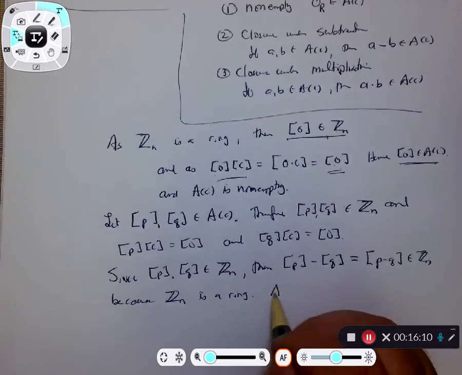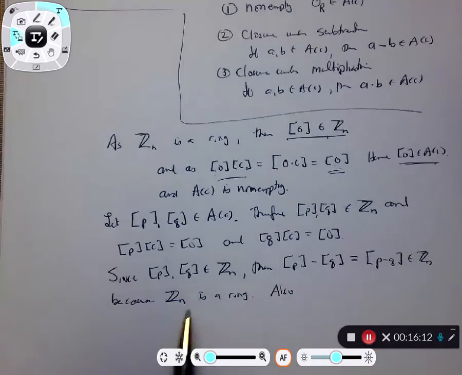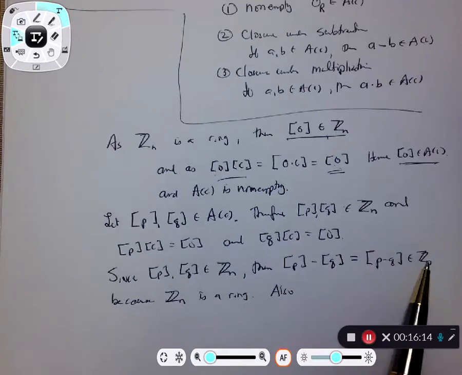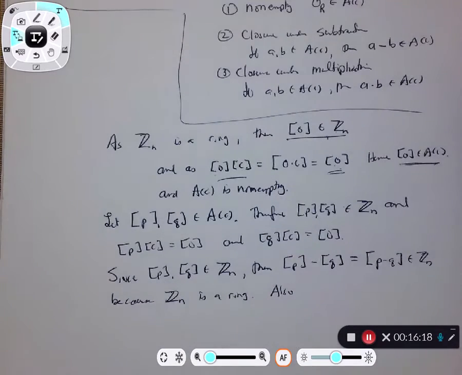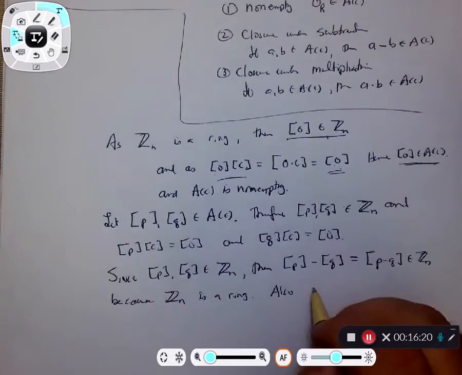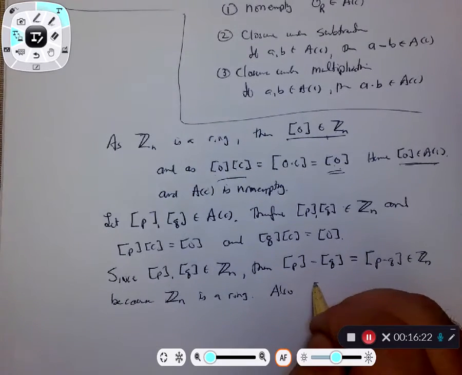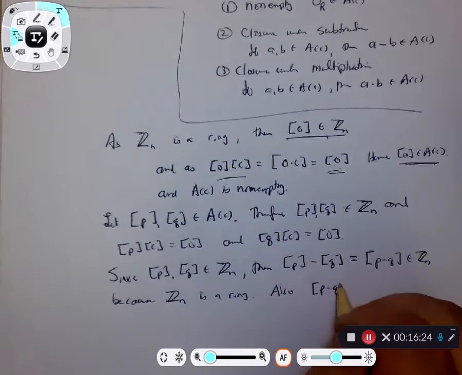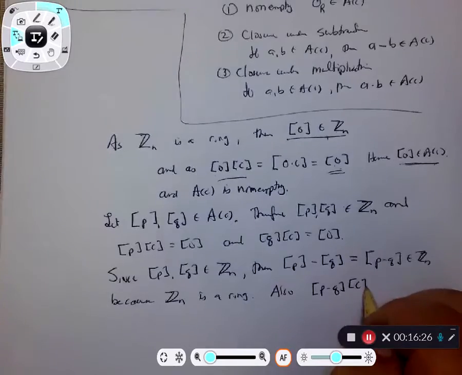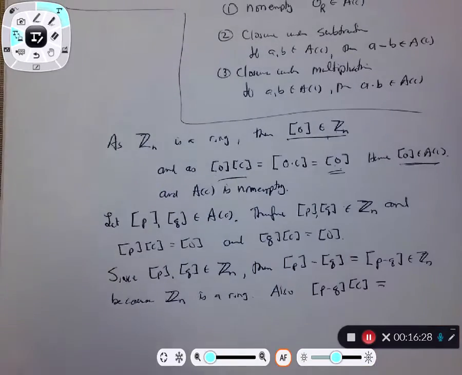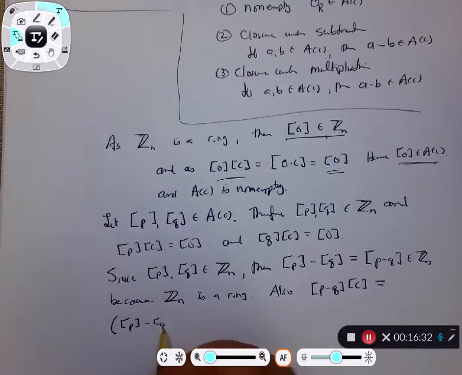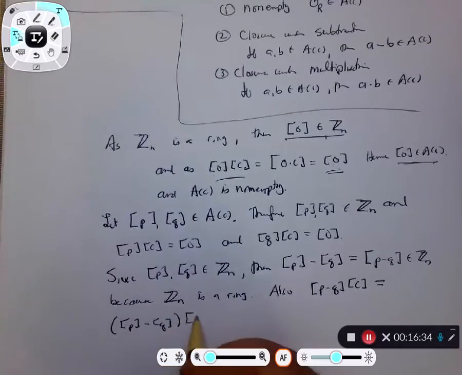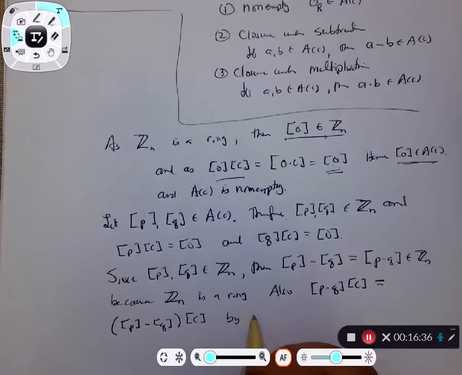Also, I've got P minus Q equivalence class inside of Zn. Now I've got to show you that I have this interesting 0 property here. When I take equivalence class P minus Q times equivalence class C, that would be equal to equivalence class P minus equivalence class Q, times C, by substitution.